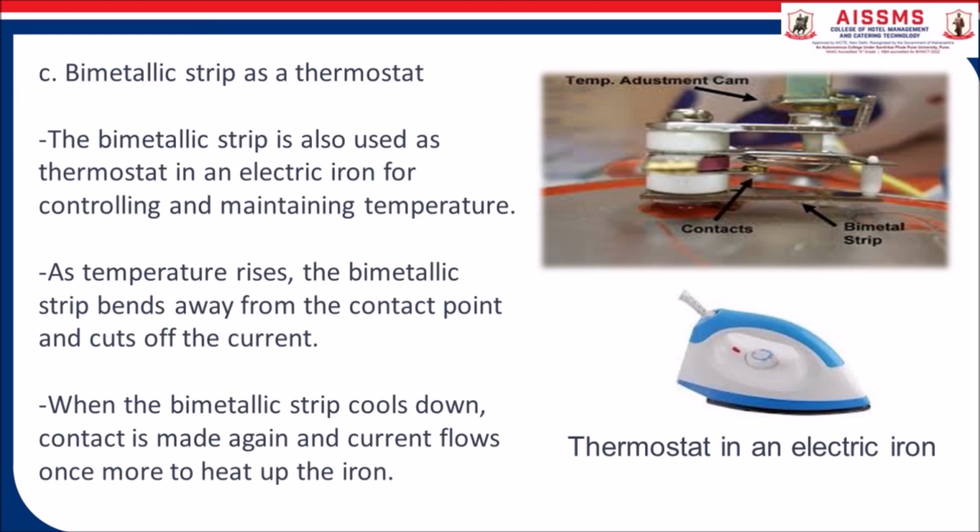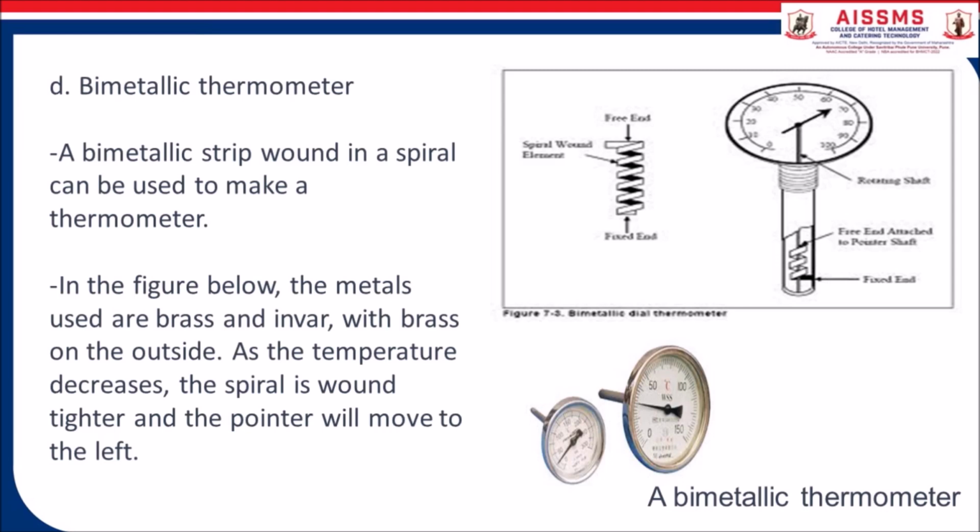You can see its pictorial explanation in the given image. Moving forward, the bimetallic thermometer. In a bimetallic thermometer, a strip is wound in a spiral and can be used to make a thermometer.